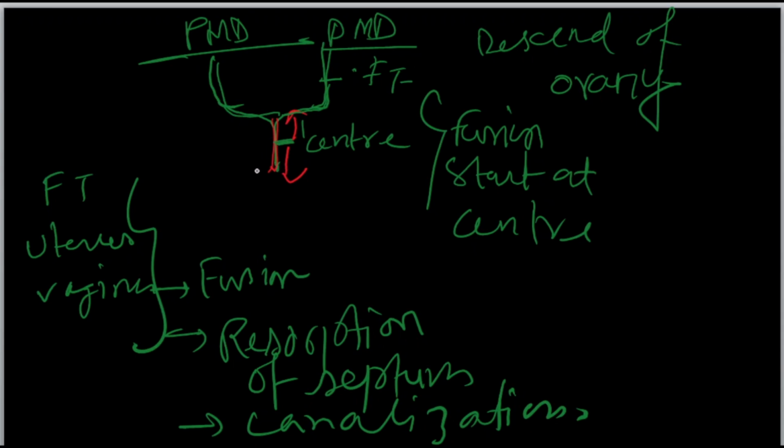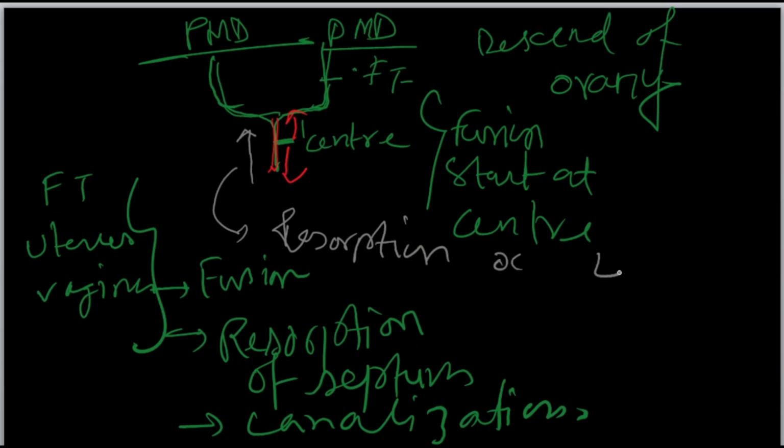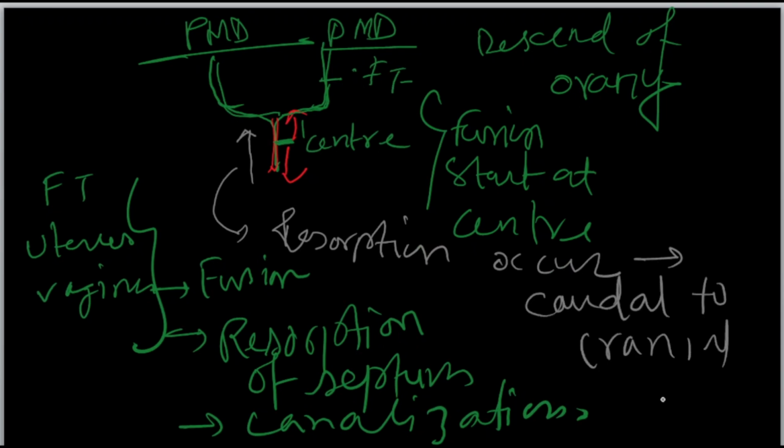That starts from lower to upper part. Resorption occurs caudal to cranial part, and complete formation of uterine cavity and uterus. This is important for knowing the congenital anomalies of the uterus, vagina, and fallopian tube.